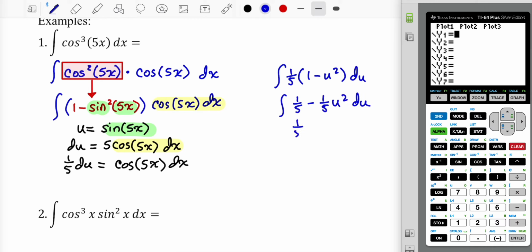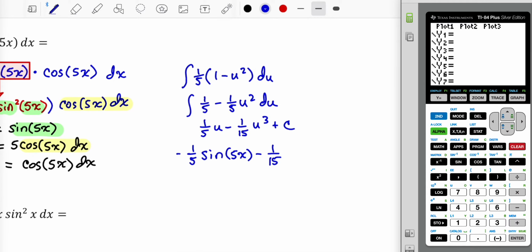Integrate: 1/5 u minus 1/15 u cubed plus c, and then replace my u. So 1/5 u becomes 1/5 sine of 5x minus 1/15 sine cubed of 5x plus c.